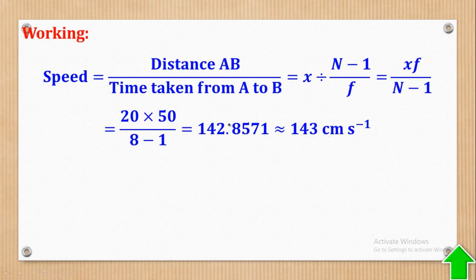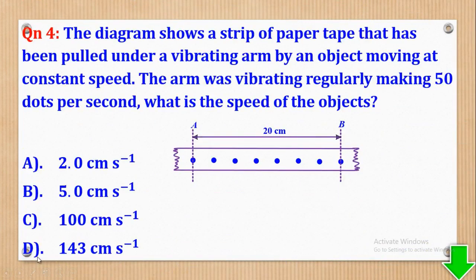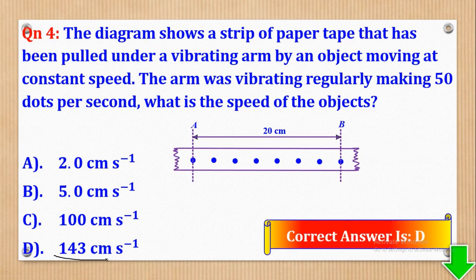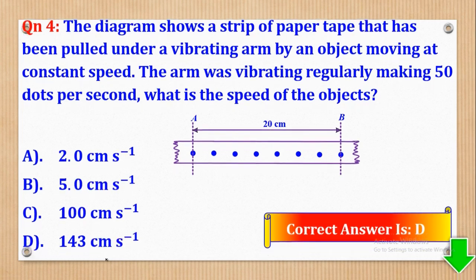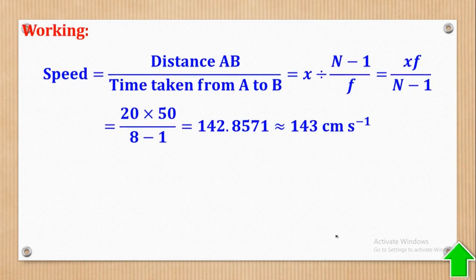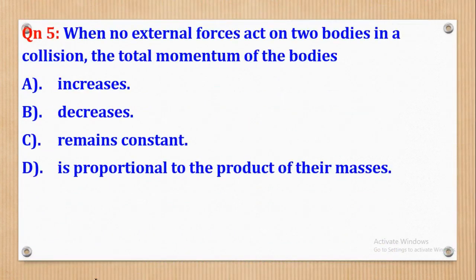So I'll go back and look for the option which has 143 centimeters per second. That option is D. Therefore, the correct answer is D. So that was question 4.